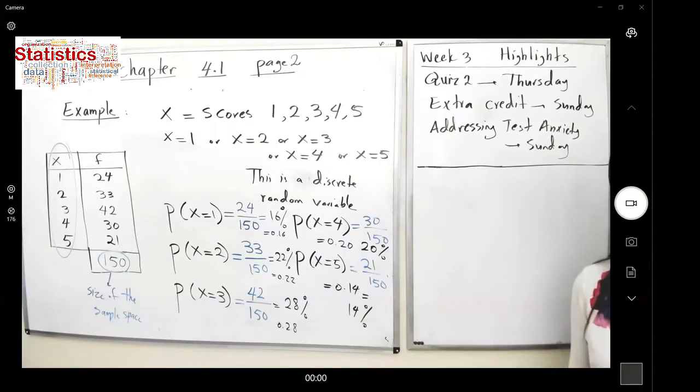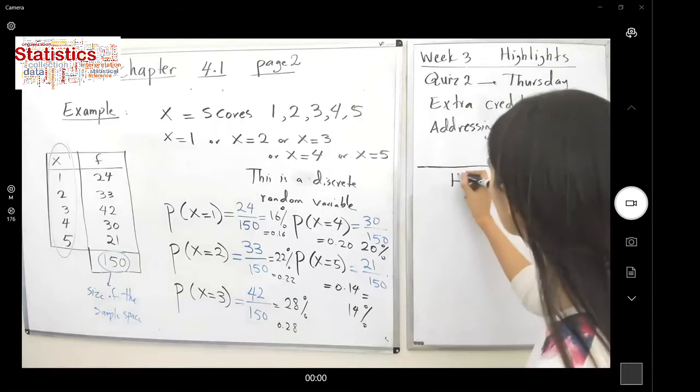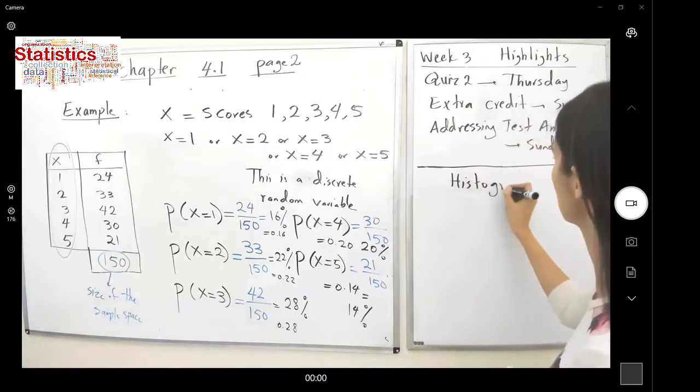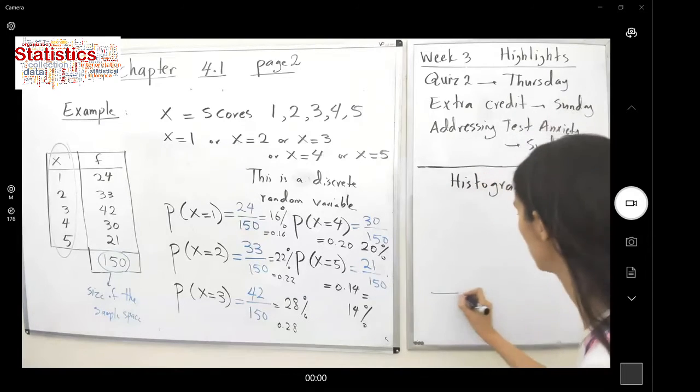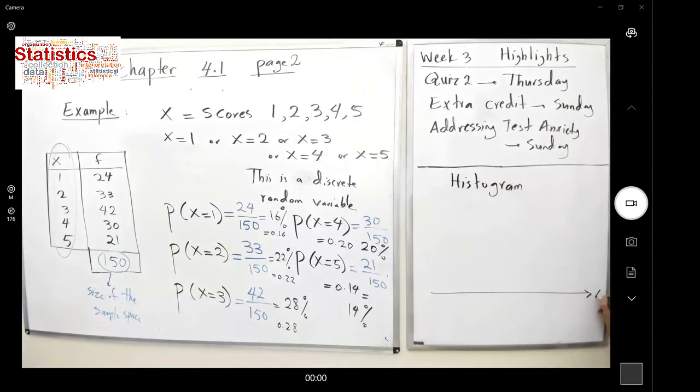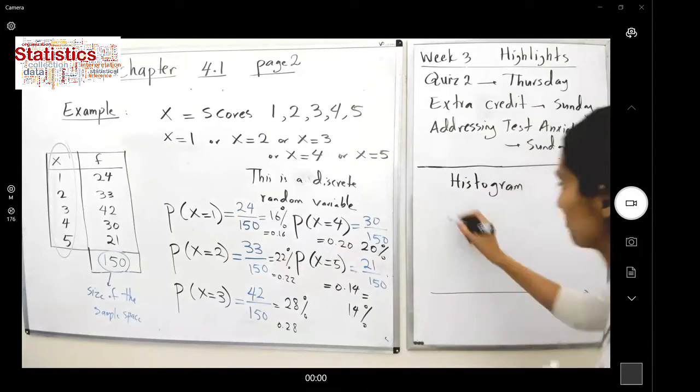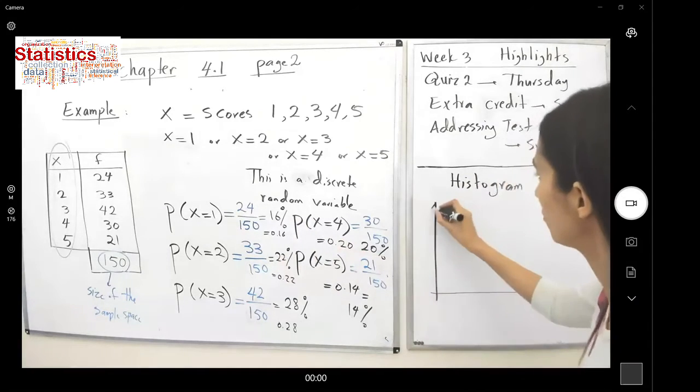On your horizontal axis, you're going to list all of the x values. And on the vertical axis, we're going to use these percentages or decimals, P of x.